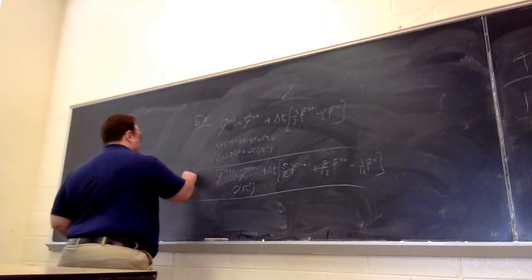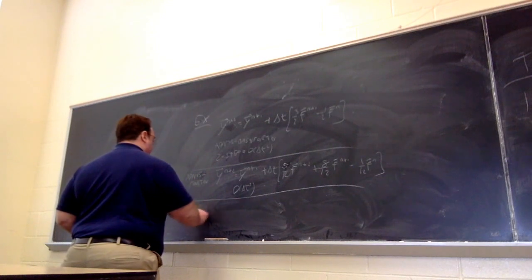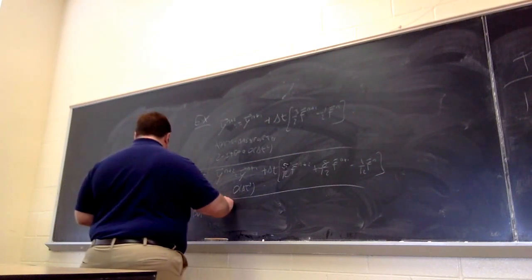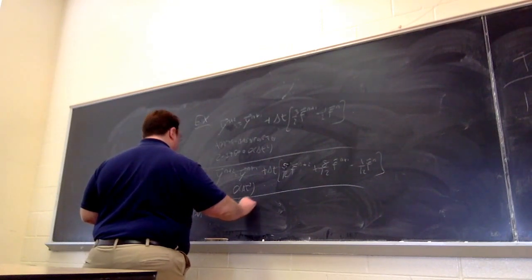And finally, an example of a BDF. This is a two-step method. So implicit Euler is a BDF, actually, but this is a more interesting example.